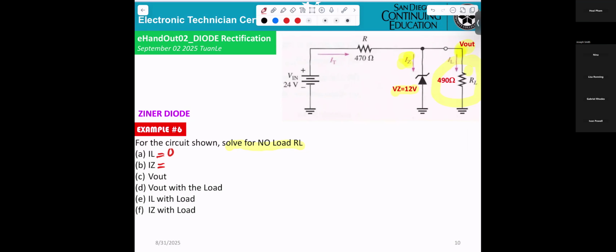That means the voltage here now will be 12 volts. The Zener breakdown equals 12. Any voltage higher than 12 volts, the Zener breaks down. So that's why you get 12.